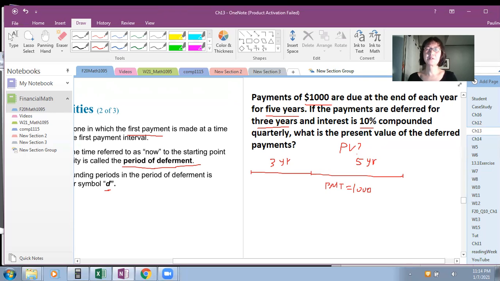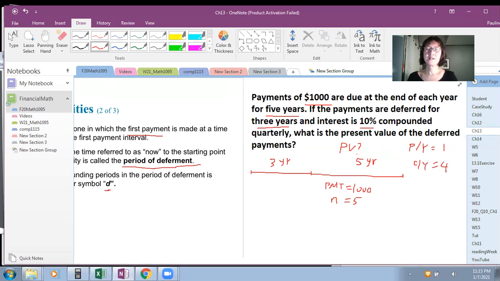And you make payment each year for 5 years, so term N equal to 5. Because you make payment each year, PY equal to 1. 1 year you make 1 payment. And interest is compounded quarterly, so CY equal to 4. Here we have situation PY not equal to CY, so this is a general annuity, a deferred general annuity.